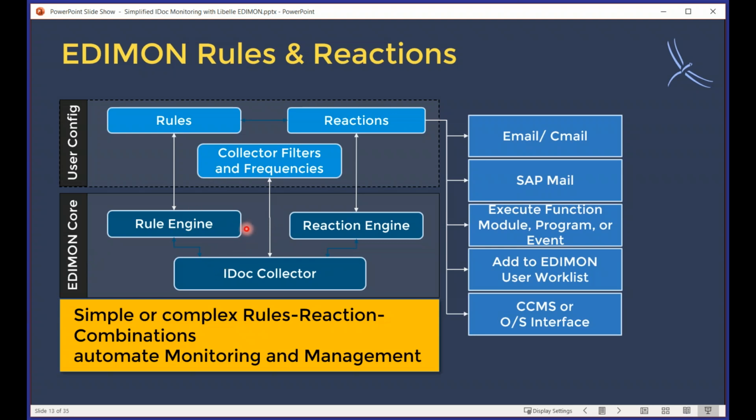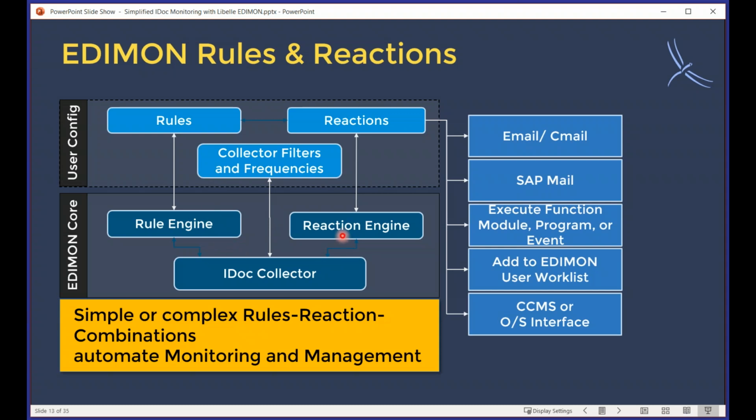So these three components, the collecting program, the rules, and the reactions: we are collecting IDoc statuses every 20 minutes, and I'm going to get into that later. And then we have rules, similar to the concept of Outlook email filter rules. If I get an email from a certain person, put it in a separate folder, as a simple example, but that's basically what our rules are doing.